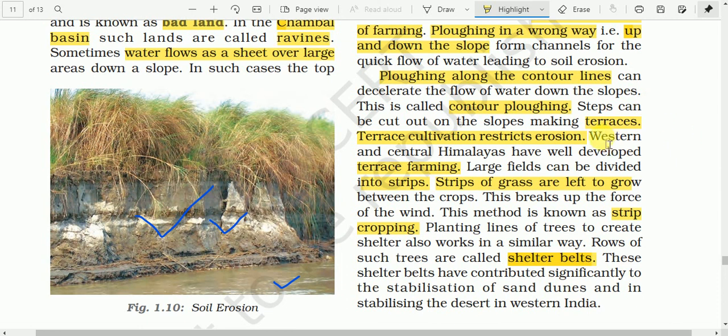The second one is terracing, or terrace cultivation. Another method is strip cropping as given here. And the last but not the least is the shelter belt. So these are the different methods of soil conservation in addition to the afforestation process.